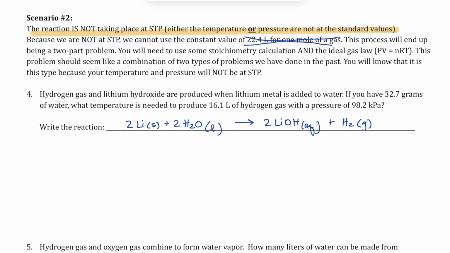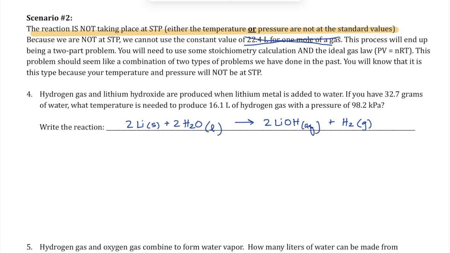Note that this scenario you can use in any case. You can use what we're going to talk about at STP, and you will get the correct answer, but you have to use this if you are not dealing with standard temperature or pressure conditions.